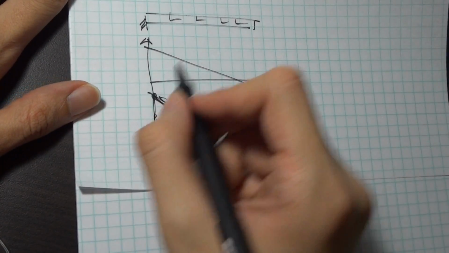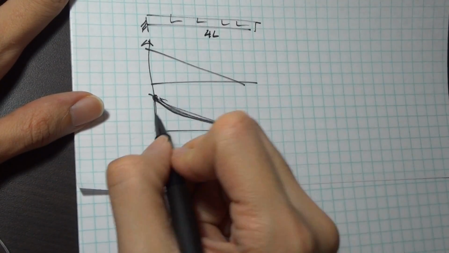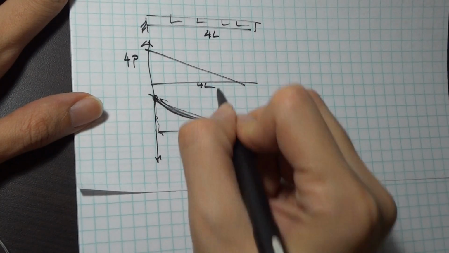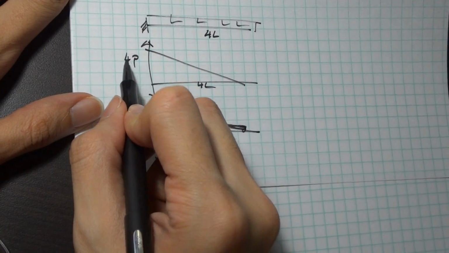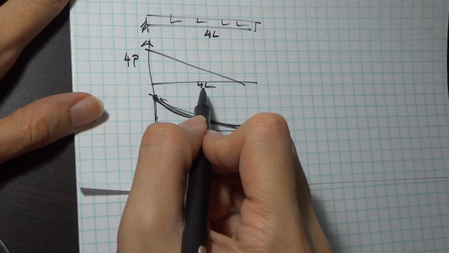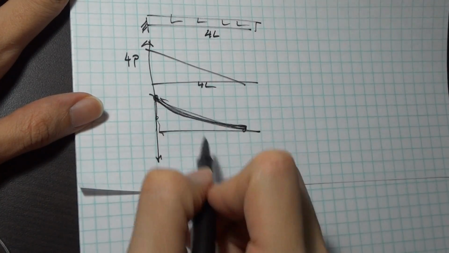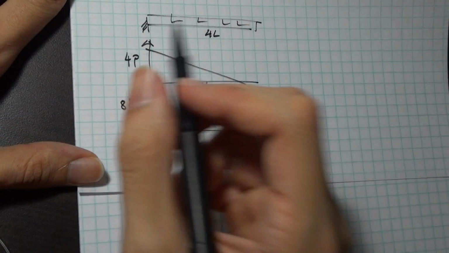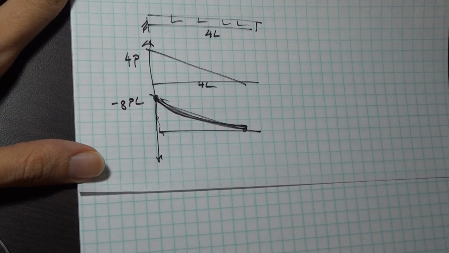This height here, this is length 4L, therefore this is going to be 4P. This is 4L. Area is 4P times 4L, 16PL divided by 2 because it's a triangle. It's going to be 8PL. That's the height of my moment diagram. Sorry, this is negative 8PL.